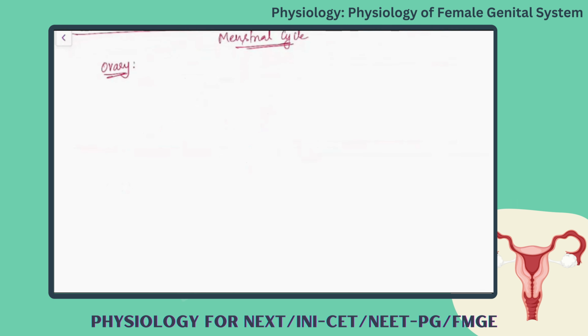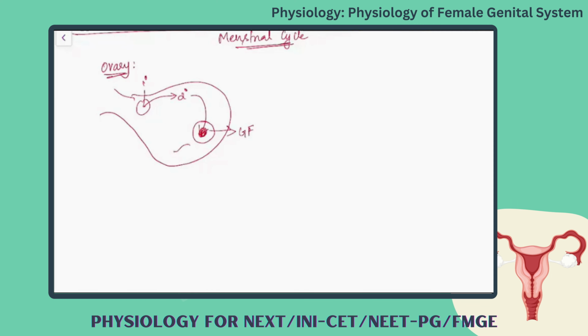Okay, clear? So first and foremost, in the ovary you have primary follicle, and then this primary follicle will be matured and it forms the secondary follicle. Then in the secondary follicle you will be having the production of ovum. Okay, the one which is containing the ovum, matured follicle, you call it as Graafian follicle.